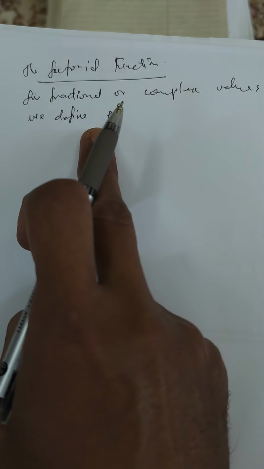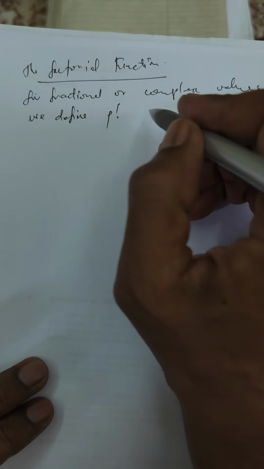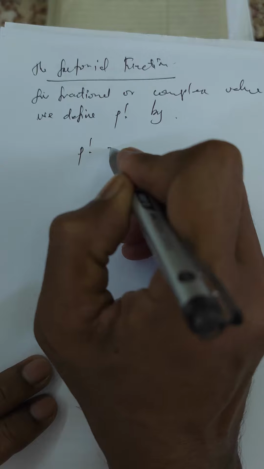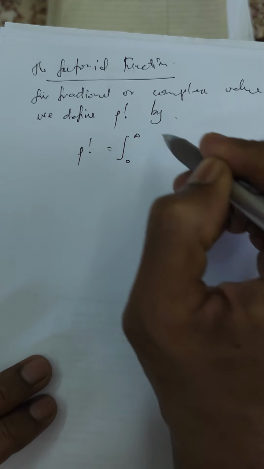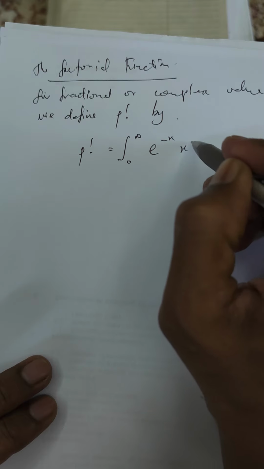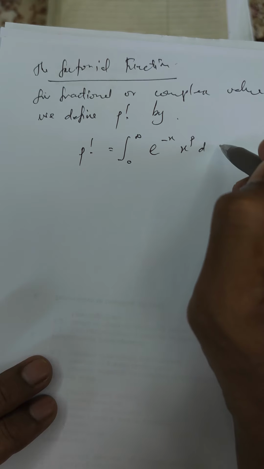We define p factorial as the integral from 0 to infinity of e to the minus x times x to the p dx, for real p greater than minus 1.